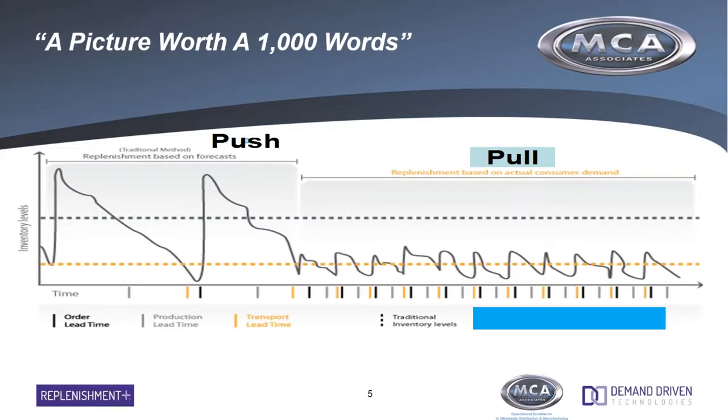Now, on the right side, on the pull side, you'll see that the inventory peaks are lower, the inventory lows are a bit higher, and the period, that is the time between replenishment cycles, is shorter. So pull has shorter periods between replenishment cycles. Push has longer periods between replenishment cycles.